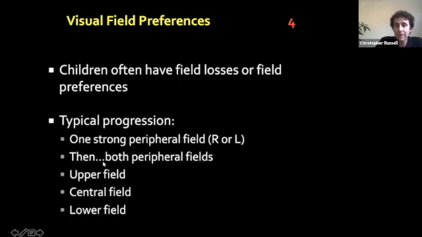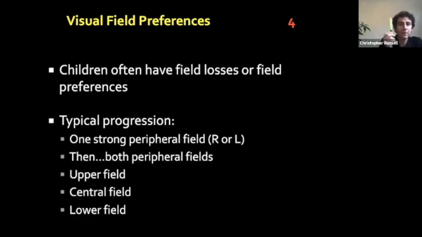The typical progression, not always the case, but usually the case, is from lowest visual functioning, phase 1, all the way up towards phase 3. First, you'll see one strong peripheral field, only seeing something on the right side, could be right or left. I don't think it has anything to do with the location of damage in the brain. I do get that question. I think it has to do with experience.